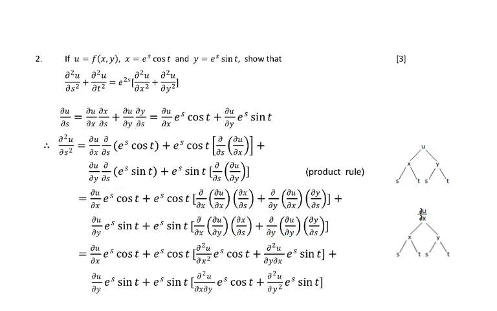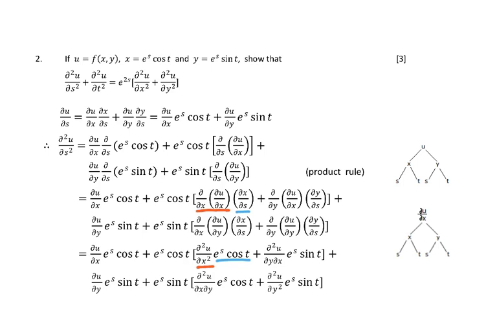We must now evaluate the expression that we obtained by applying the chain rule. So let's have a look at the various terms. If we look at the partial derivative with respect to x of du/dx, we get the second order partial derivative of u with respect to x. If we have a look at the partial derivative of x with respect to s, that just gives us e to the s cos t, because the derivative of e to the s is just e to the s.